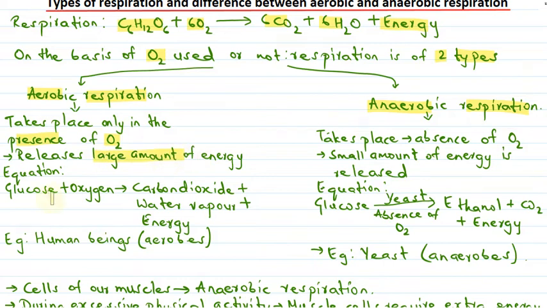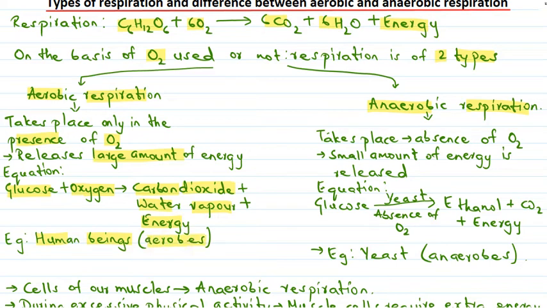Here we have seen equation that glucose in the food gets broken down or gets oxidized. So this breakdown of glucose is taking place in the presence of oxygen, and this is resulting in the release of carbon dioxide, water vapor and energy.